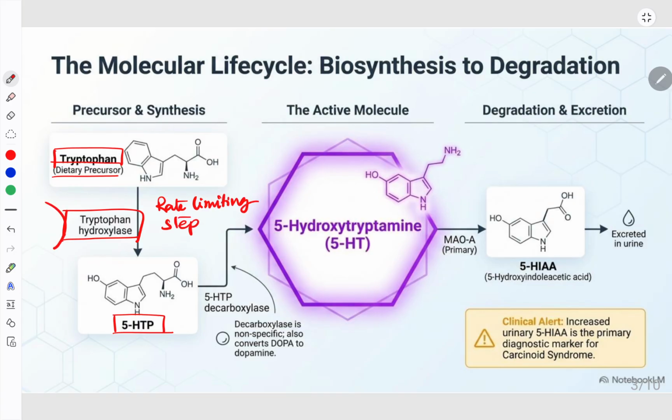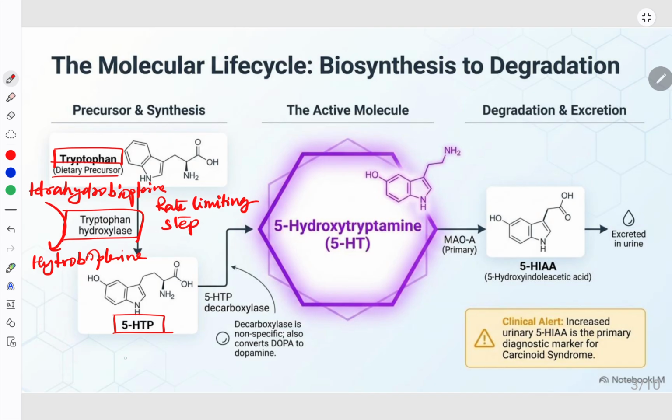In the same process, tetrahydrobiopterin is converted into dihydrobiopterin. There is a chain of reactions that takes place, but to simplify it, we can put it like this.